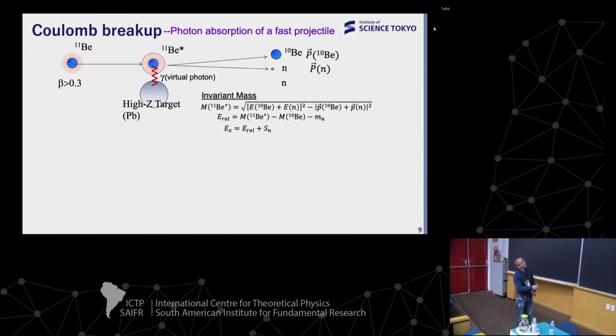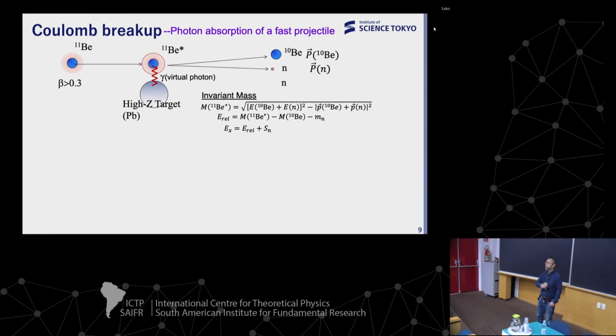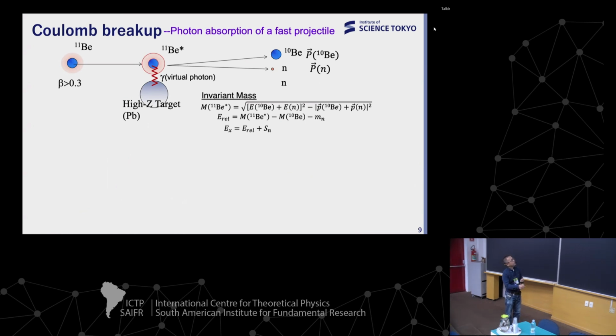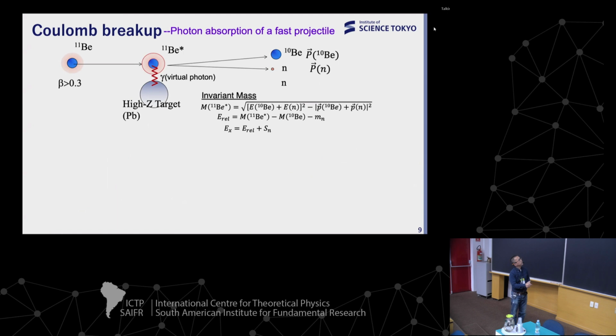So then we can extract the mass, and the difference of the invariant mass, which represents the mass of this excited state, minus the mass of beryllium-10 and the mass of the neutron, is called relative energy. Relative energy can be extracted. And if we know the separation energies, then we can also extract excitation energies.